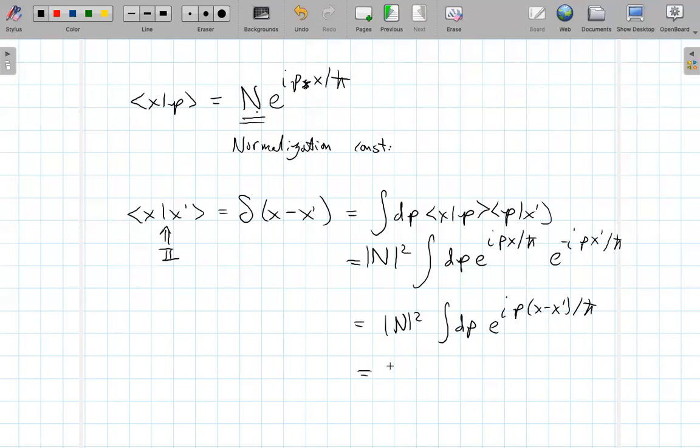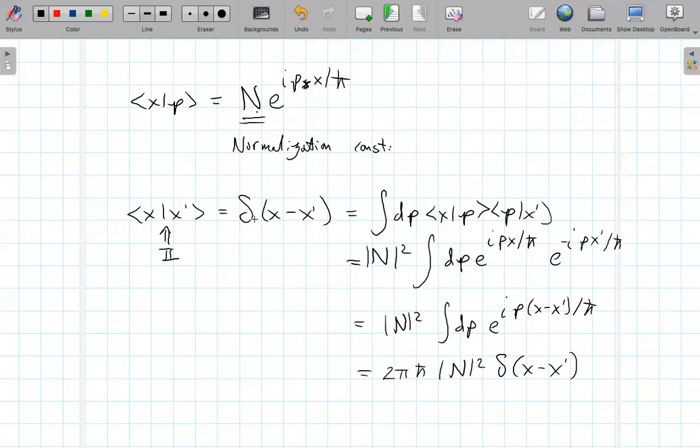So this thing is going to be equal to, with a normalization constant, 2 pi times h bar, that's n squared times delta of x minus x prime. So the value of this integral is simply a Dirac delta function with this factor of 2 pi with the h bar. H bar comes from this h bar down here, but the 2 pi comes from the normalization.